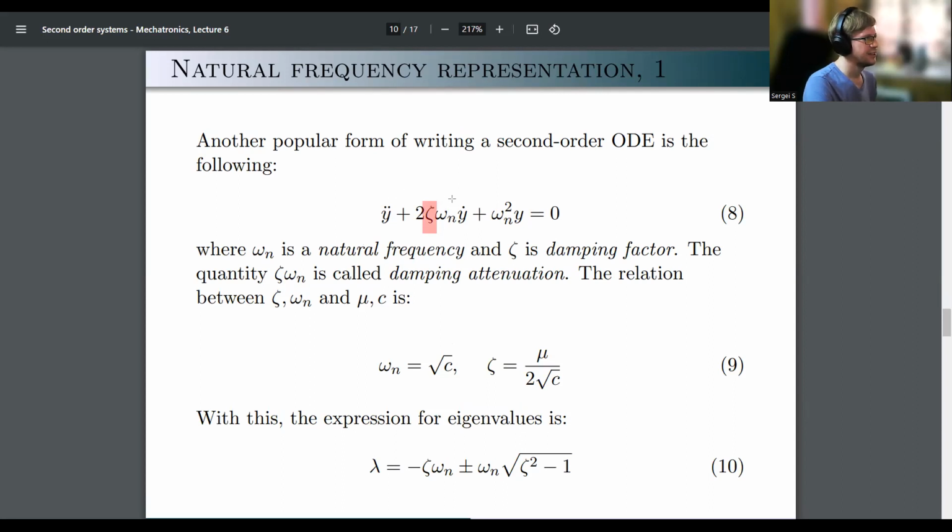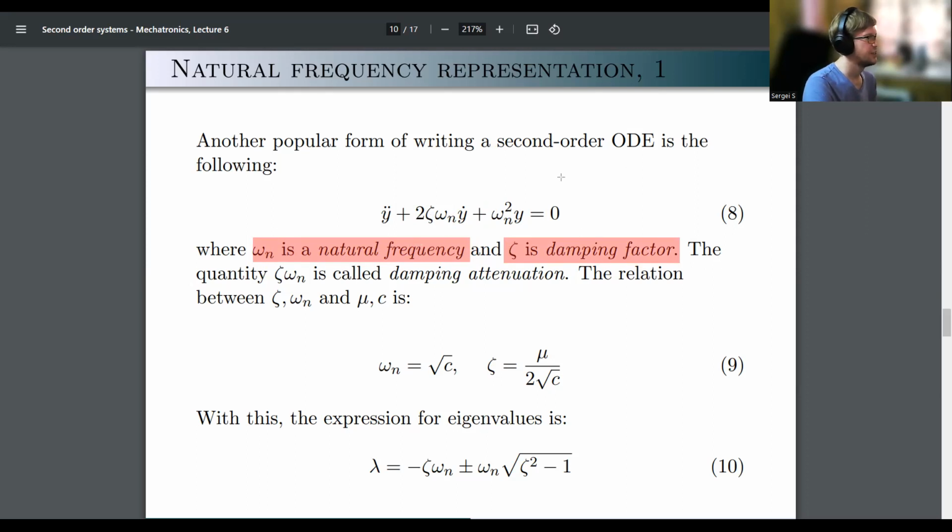So zeta and omega n, right? And we write it like this: y double dot plus 2 zeta omega n y dot plus omega n squared y equal to 0. So this is what we write it as, where omega n is the natural frequency and zeta is the damping factor.